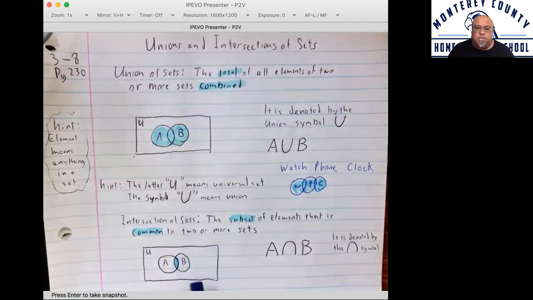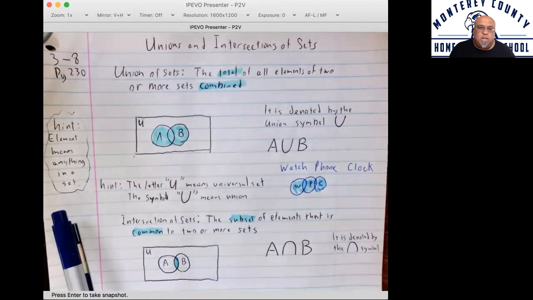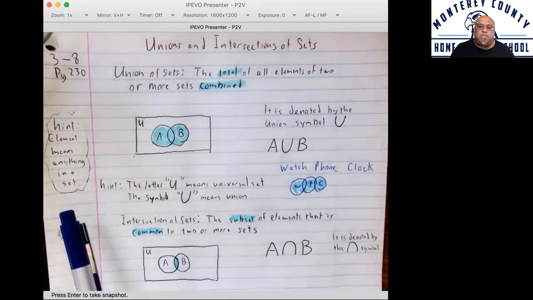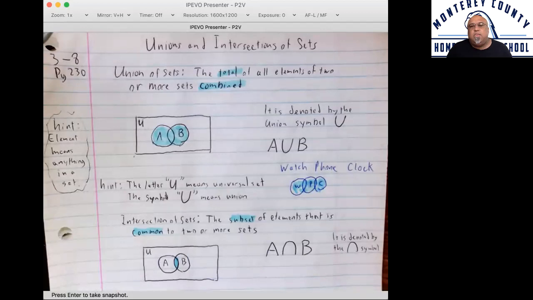In this diagram, I have the universal symbol, and two sets A and B, but these sets are only colored where they overlap. The overlap is the intersection. And the word element means anything that is inside of a set.